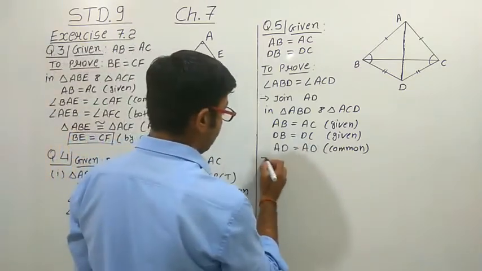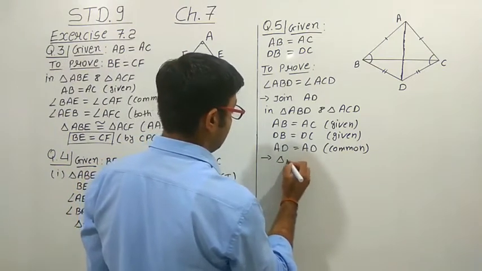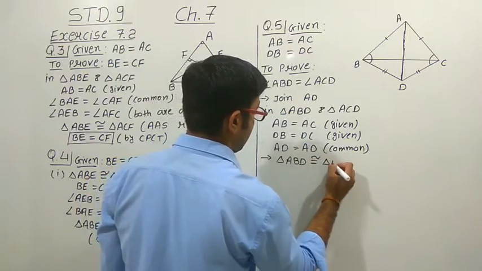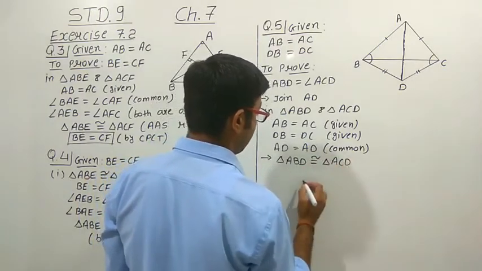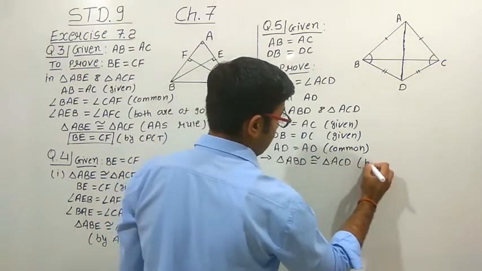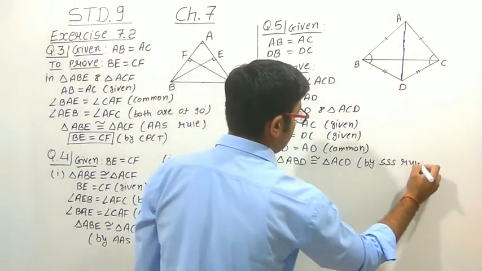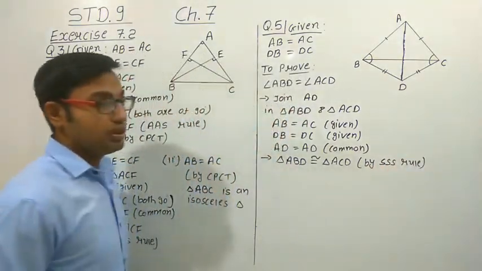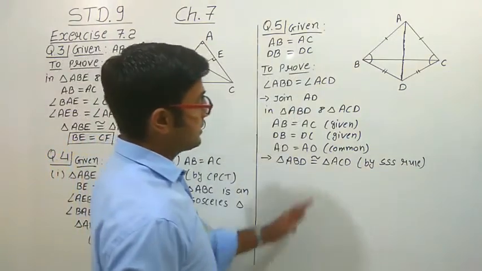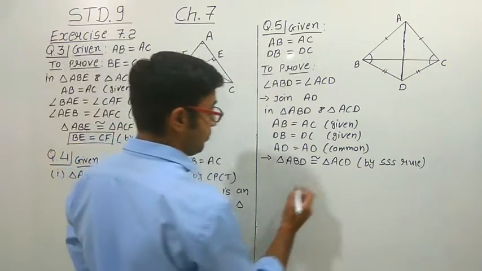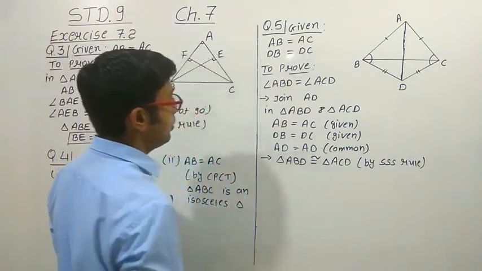So here we can write down that triangle ABD is congruent to triangle ACD by side rule. If two triangles have all three sides equal, then by the side criterion we can say that the two triangles are congruent.